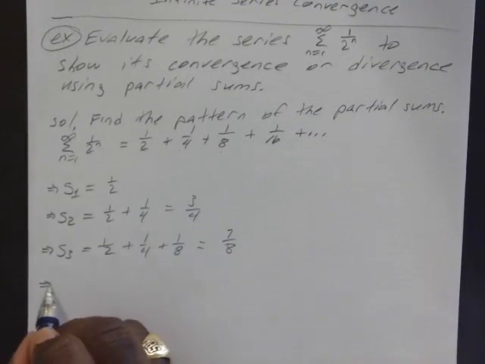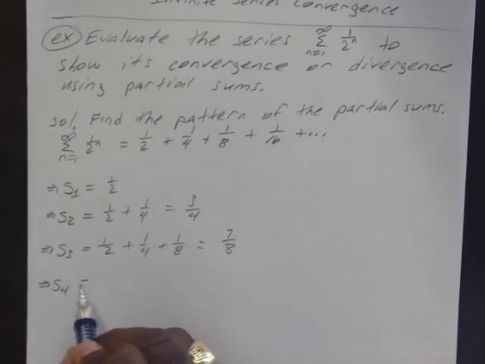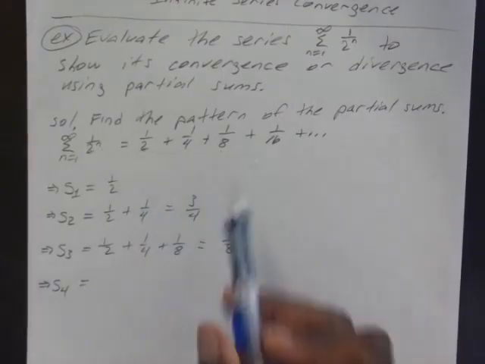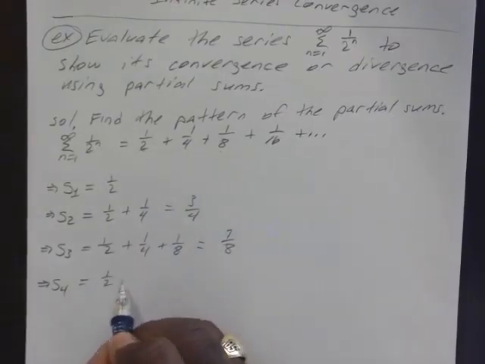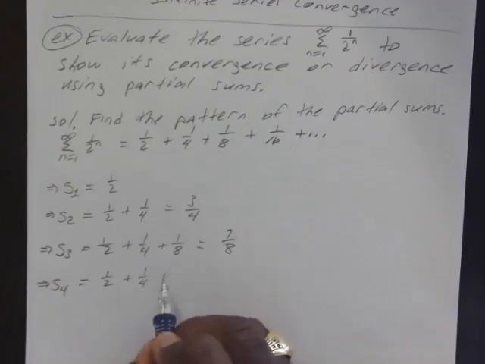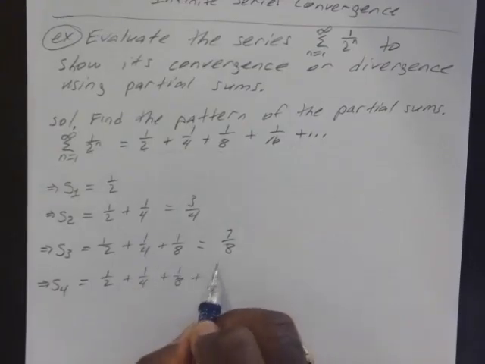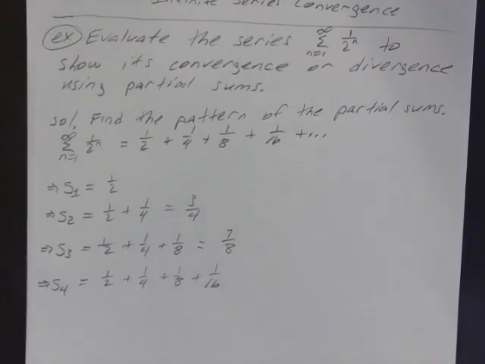And the fourth partial sum is just adding the first four terms. So that's 1/2 plus 1/4 plus 1/8 plus 1/16. Honestly, if you're doing this by hand, you can just take the first three, know that's 7/8, and multiply this by 2 over 2.